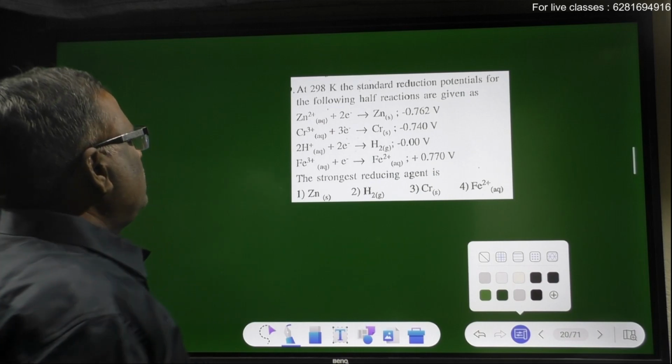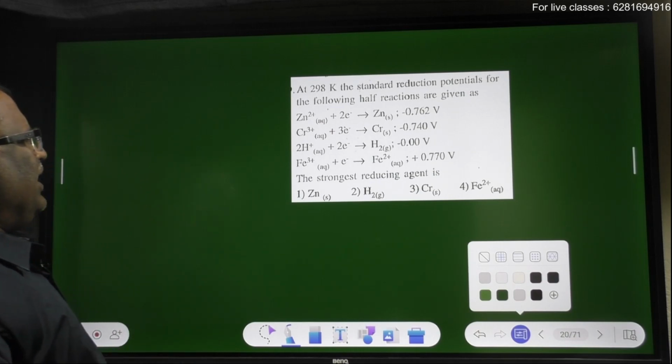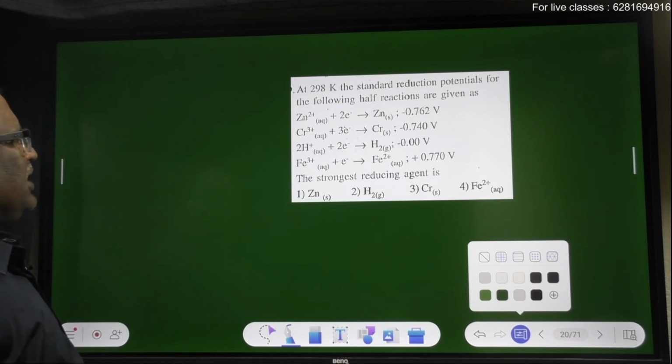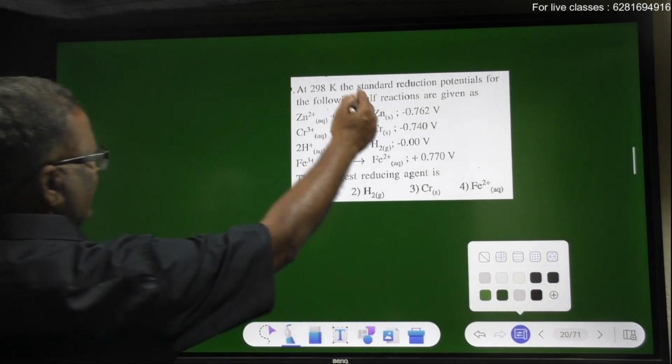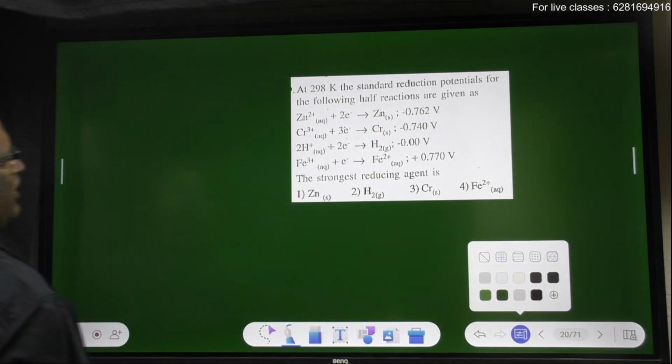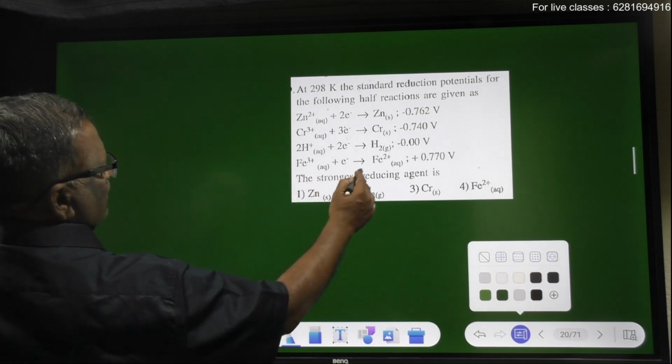Now, at 298 K standard reduction potentials for the following reactions are given.